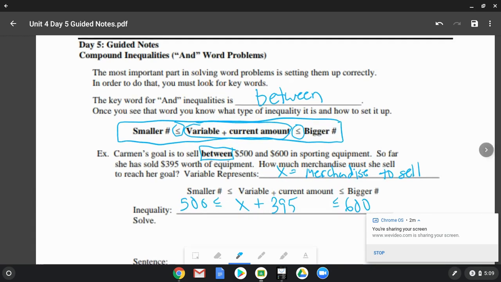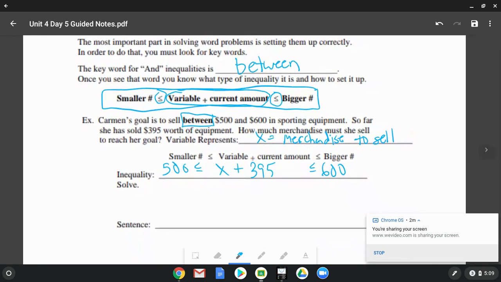So now to solve this problem, we did this yesterday, we just got to get x by itself. And in order to do that, we subtract $395 from all three sides. And now we'll see that Carmen would need, what is 500 minus 395? I think that's 105. That's 205.